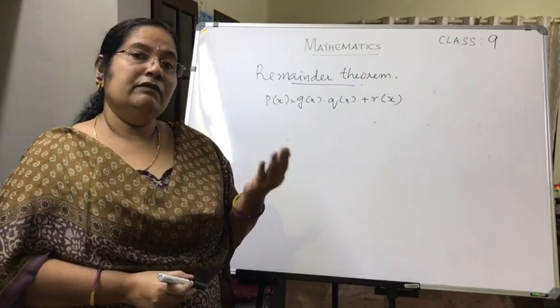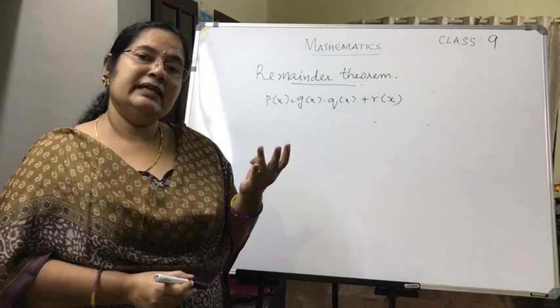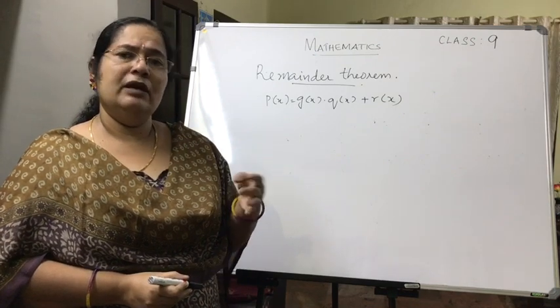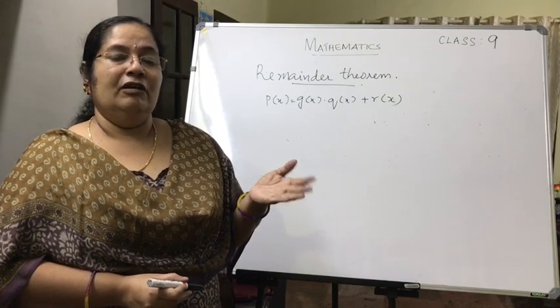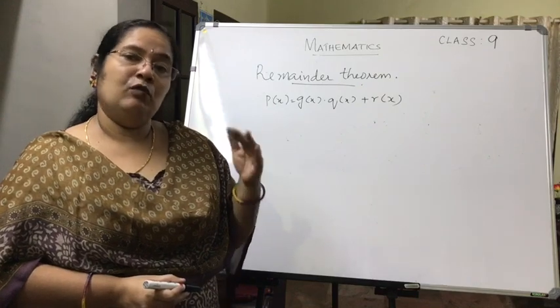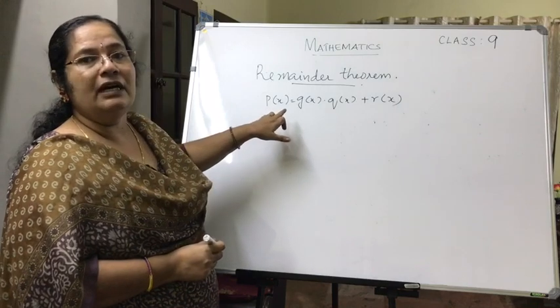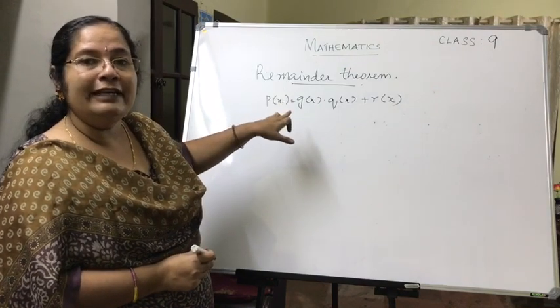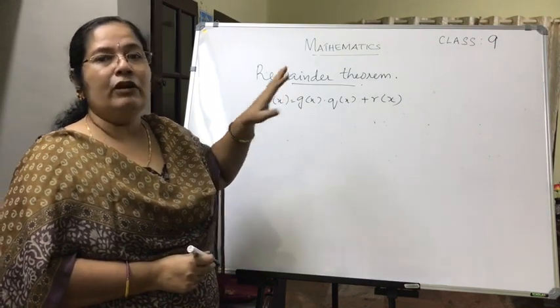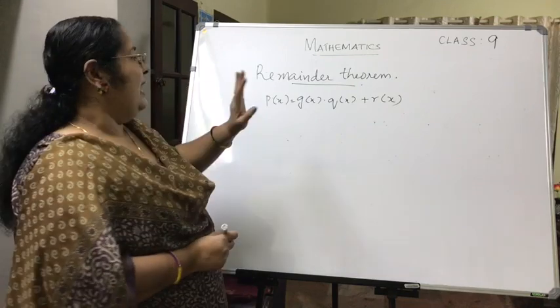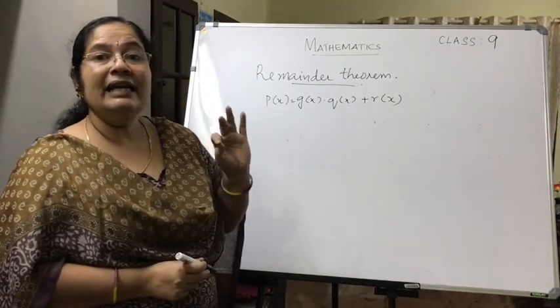Greater than or equal to 1 means it can be a linear polynomial, a quadratic polynomial, a cubic, or any polynomial of degree 1 or more than 1. So let P of x be a polynomial of degree greater than or equal to 1, and let a be a real number.